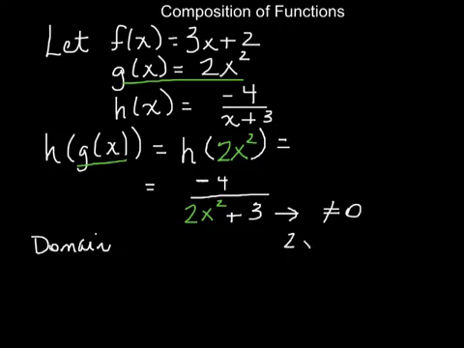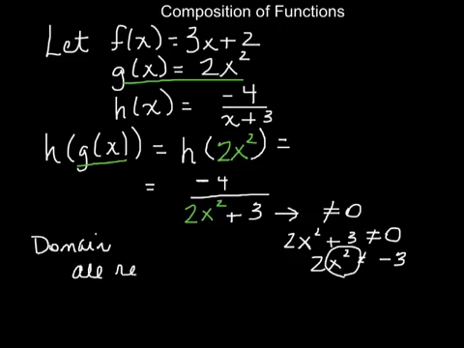So let's see, 2x squared plus 3 cannot be equal to 0. So I've got 2x squared equals negative 3. Well, it can't be equal to negative 3 no matter what. So, because of the square, this is always positive, so I don't have to worry about getting a negative there at all. So in this case, you're going to have all real numbers again.